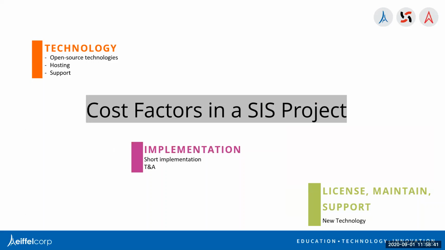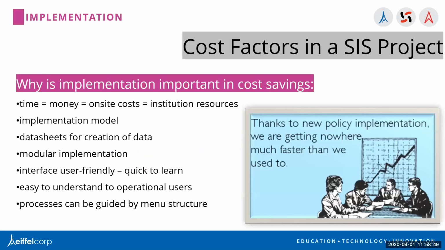The third thing that we're going to look at is the implementation cycle or the implementation process when you implement a SIS project. So why is implementation cost important? When you look at cost saving, that's actually a very easy one because time equals money, which in this case equals on-site costs and institution resources.